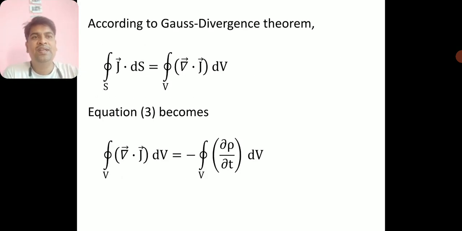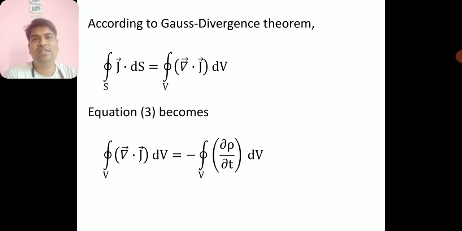Now we know what the Gauss divergence theorem is. I have explained the Gauss divergence theorem and the Stokes theorem in my previous video. The Gauss divergence theorem says that the surface integral of the dot product of a vector is equal to the volume integral of the divergence of that vector.